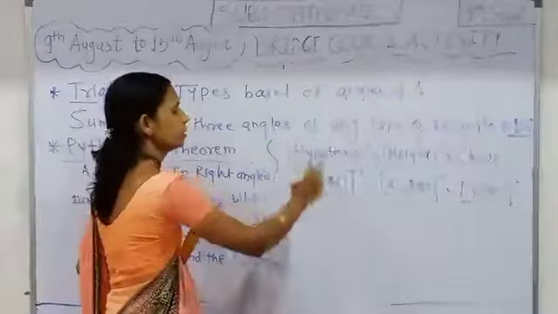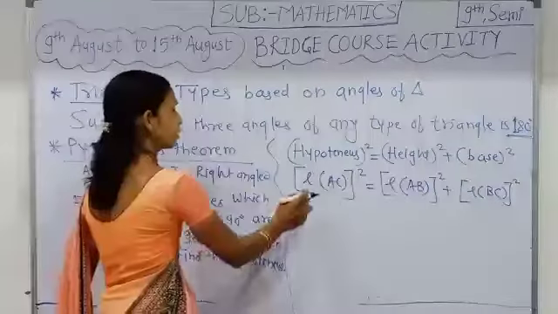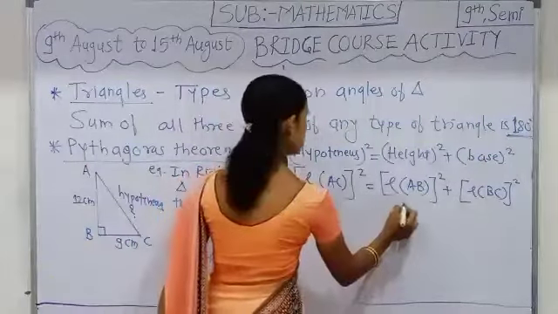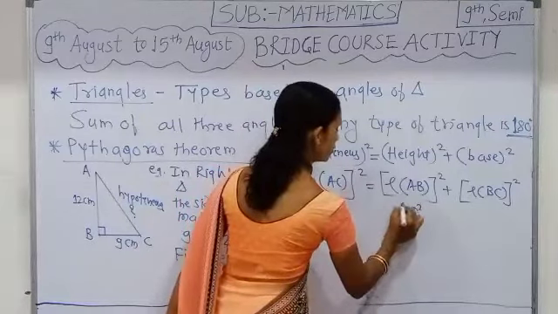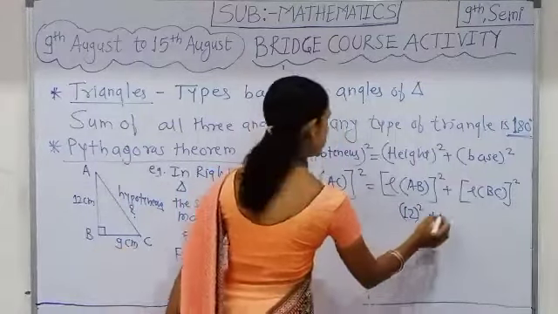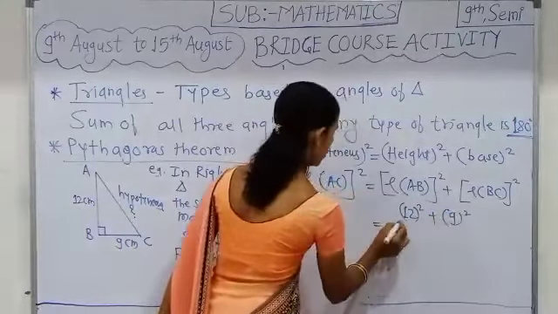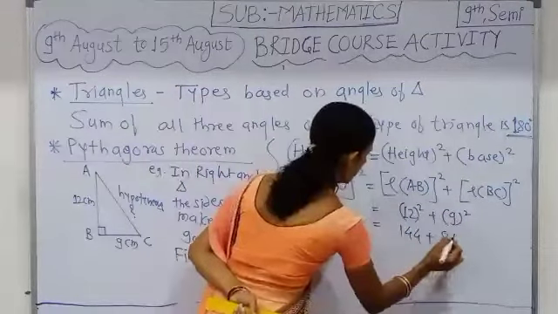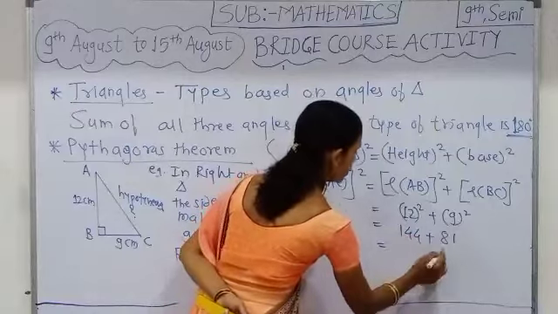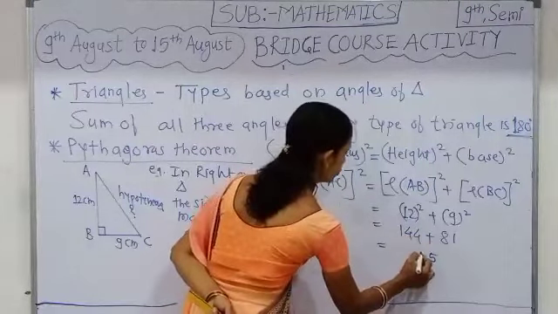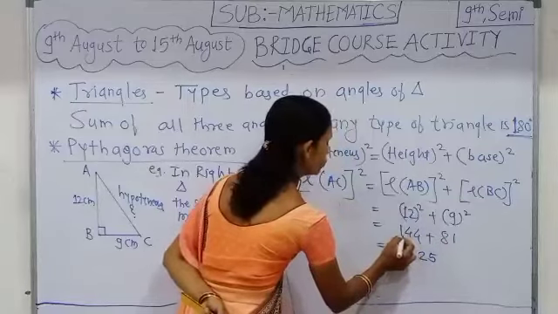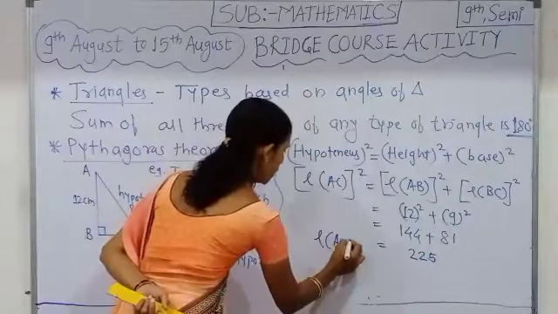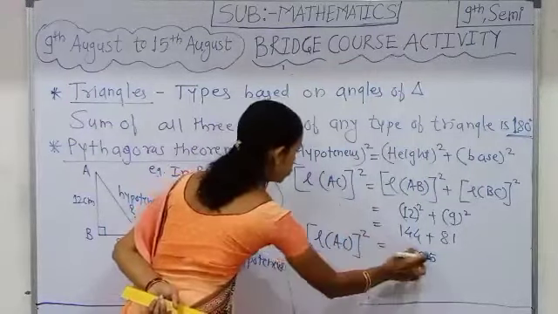Therefore, according to the Pythagoras theorem, here AC square is equal to AB square plus BC square. AB is 12 centimeter, 12 square, plus BC is 9 centimeter, 9 square. Therefore, here 12 square is 144 plus 9 square is 81. Adding, we get 225. That is, the length of AC square is 225.